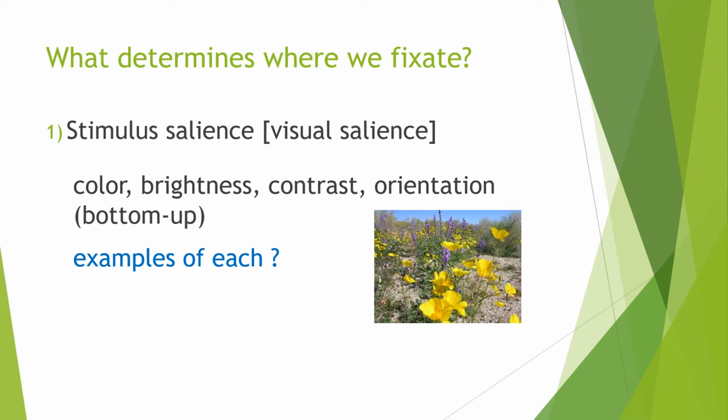So something that is salient from the stimulus, or in this case, the visual environment, because we are talking about visual attention. This includes aspects of a scene like the color, brightnesses of colors, contrasts of colors, brightness in general. So if something is just more bright and light, that grabs our attention.